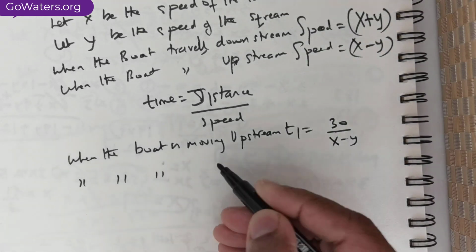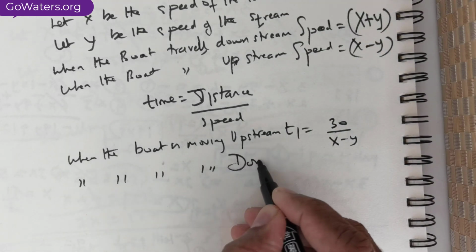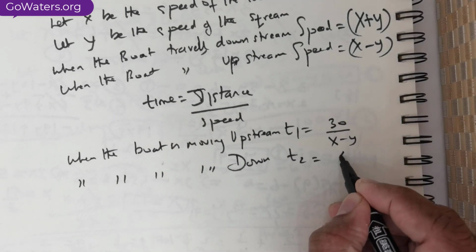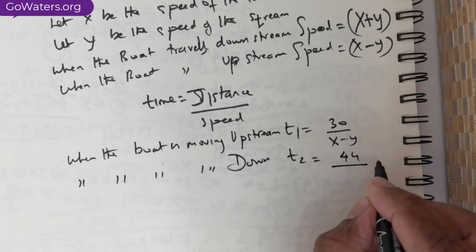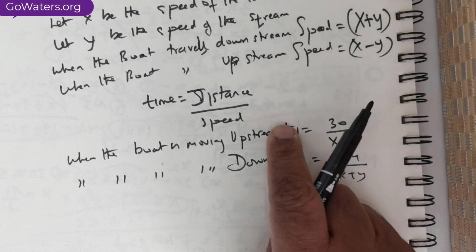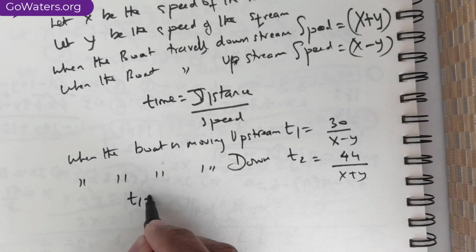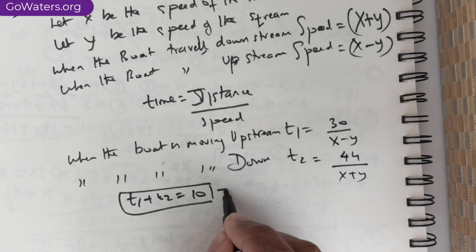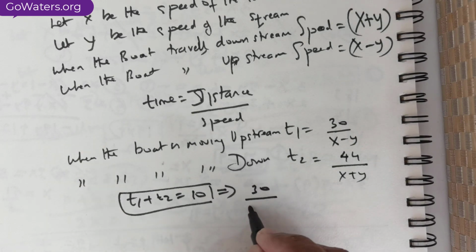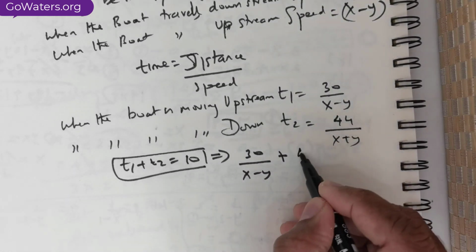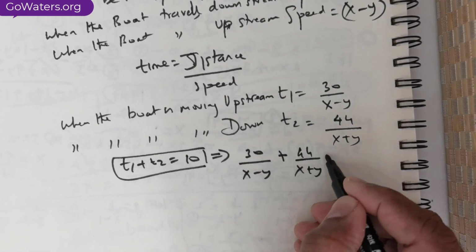And when the boat is moving downstream, T2 is equal to 44 divided by x plus y. And T1 plus T2 is given to be 10 hours. So this means 30 divided by x minus y plus 44 divided by x plus y is equal to 10.